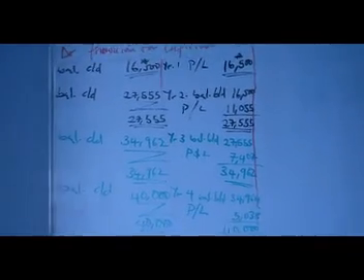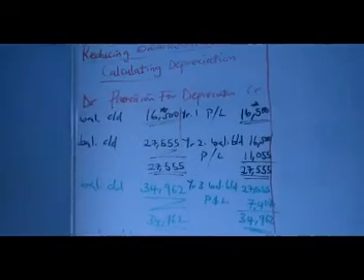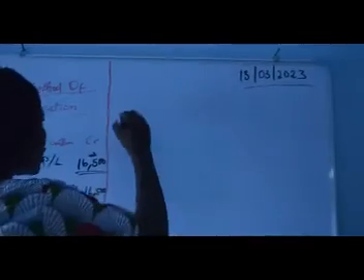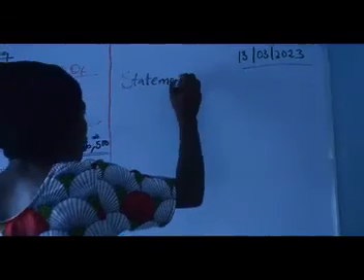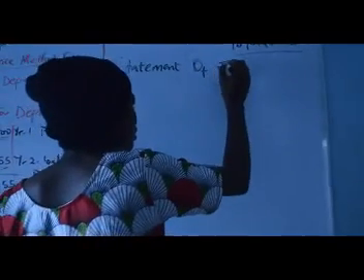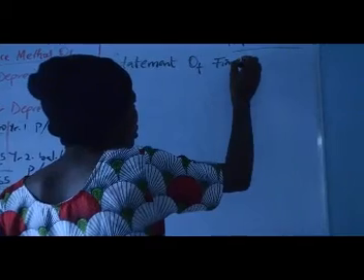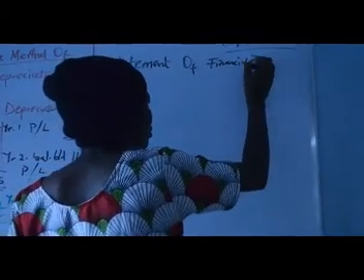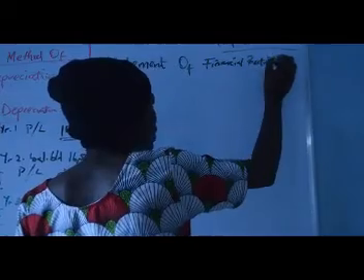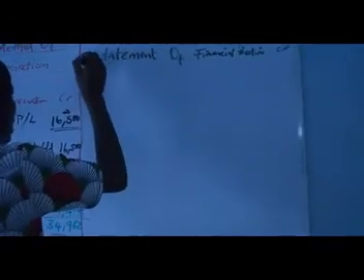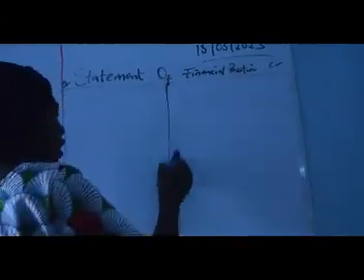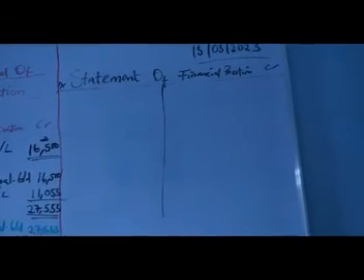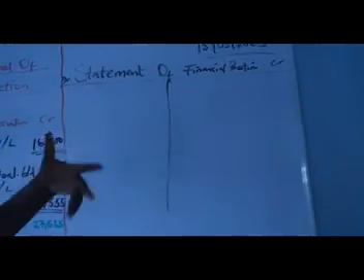So quickly I'll be preparing our statement of financial position for the year. Okay, so our credit side and our debit side. Statement of financial position. Now, like in the old method, we no longer be dealing with accumulated depreciation like we usually do.